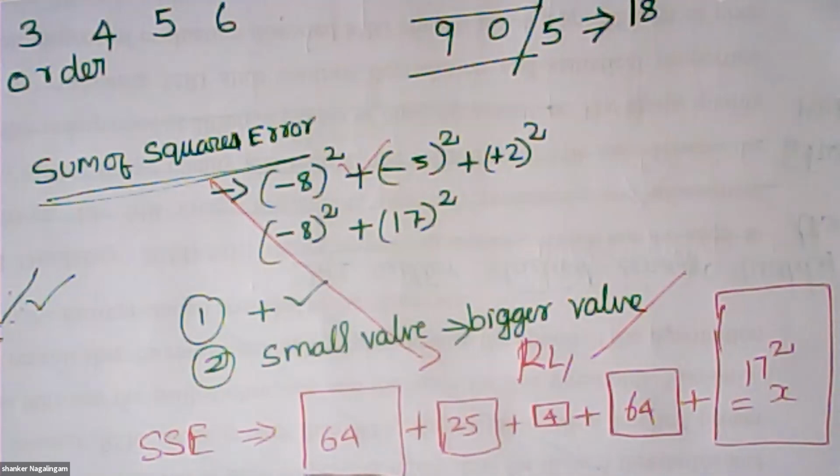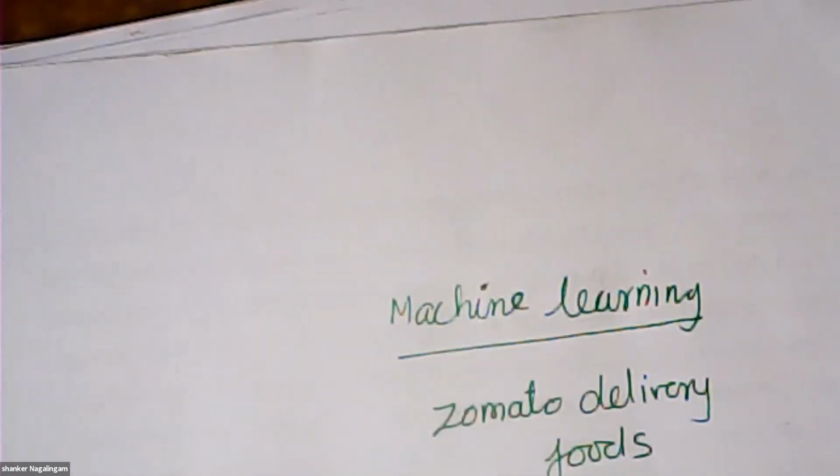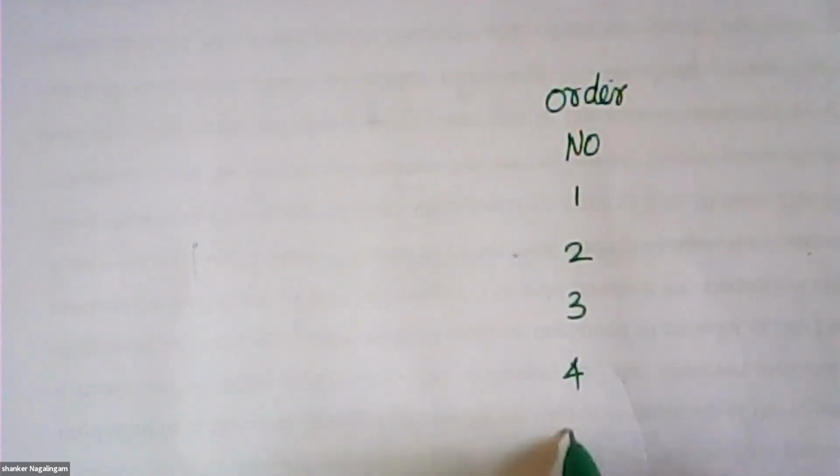Now I'm going to go back to the tip order. I'll take the tip amount with the variables, the tip amount and the delivery order number. I'll make the order numbers 1, 2, 3, 4, and 5.